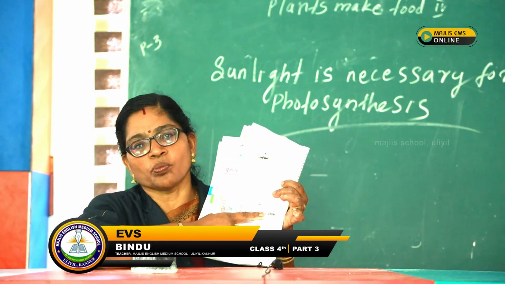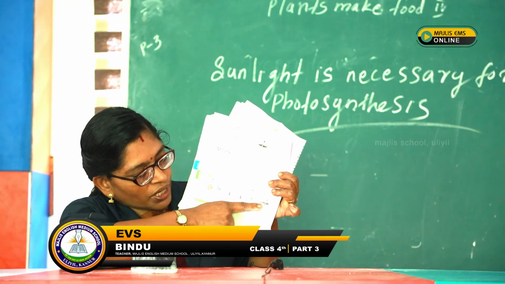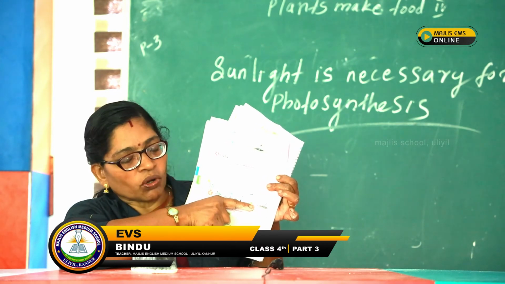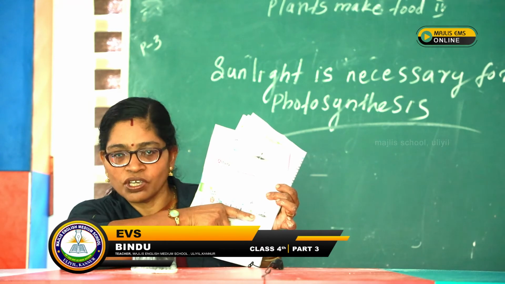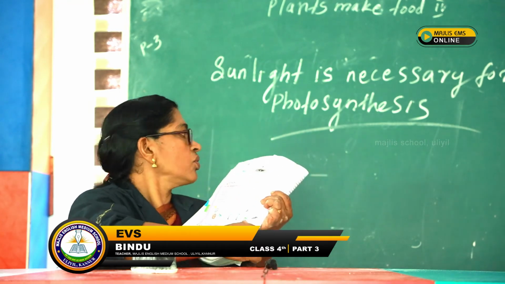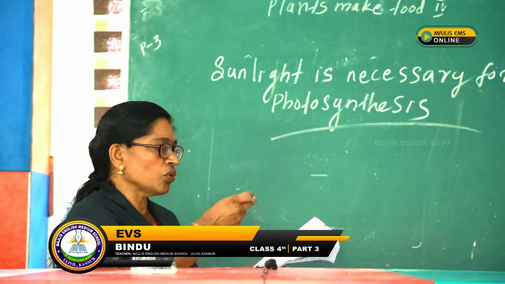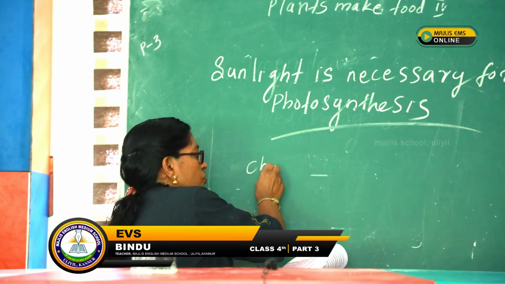Pour 2 or 3 drops of iodine onto the leaf. Then look at the changes. The green part only changed the color. The other part didn't change the color. Then you conclude that chlorophyll is necessary for photosynthesis. Sunlight is necessary for photosynthesis.